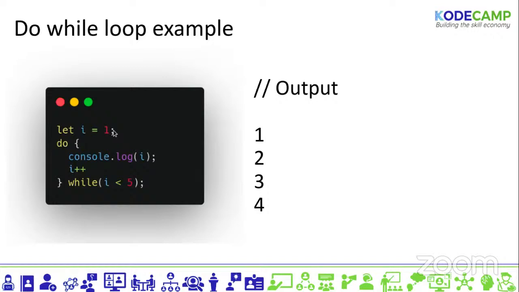So we increase 3 by 1, making it 4. We print 4 out. Then we increase 4 by 1, and that becomes 5. So we now check, is 5 less than 5? This becomes false. So that's why it doesn't print 5 again.